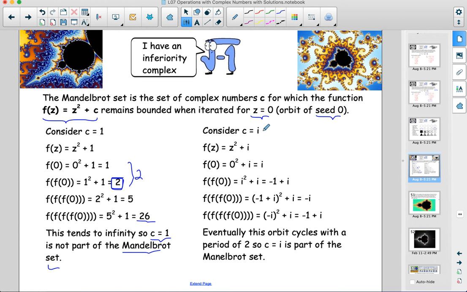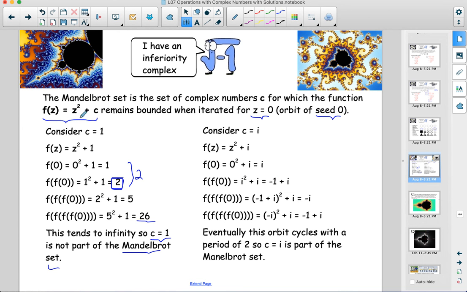Let's consider i. So when we plug in an i, we're going to look at this being z squared plus i, because we're testing a c of i now. Remember, we start with a seed of 0, so we're going to start with z being 0. We're going to get 0 squared plus i is i. We'll now plug in an i. We're going to get i squared plus i. i squared is -1, so it's -1 plus i.